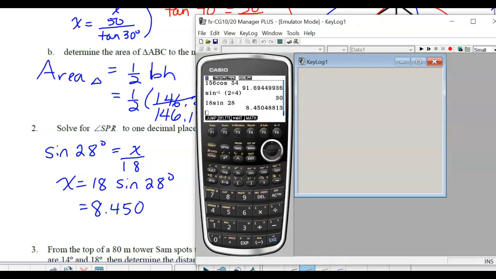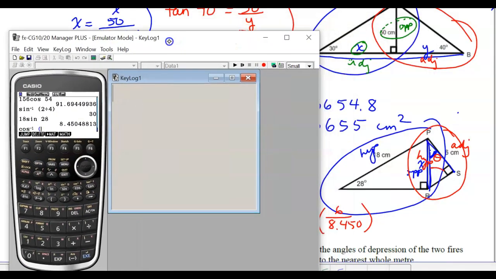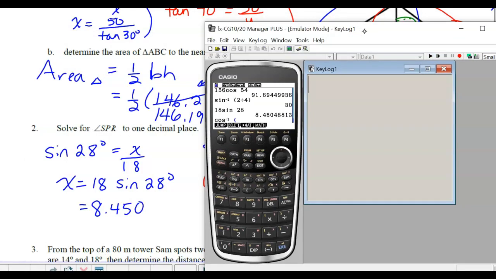So when I do this, I go shift key, cos key, bracket, 6 divided by, cursor up to your previous answer, enter on that, or execute. It will do it for me.